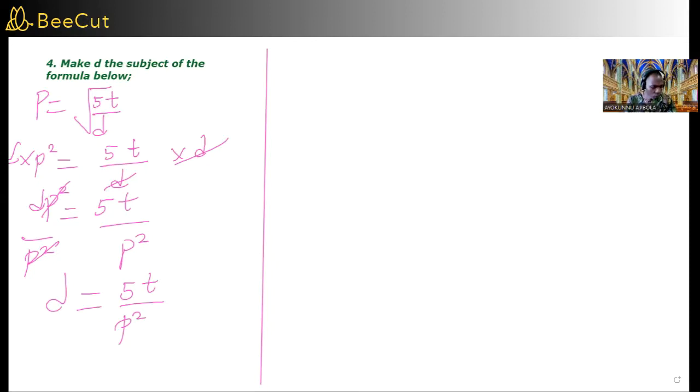So let me put it up here. You have to make R the subject of the formula and find R when K equals 20, Q equals 15, and D equal to 6.